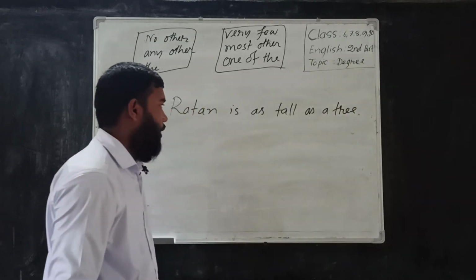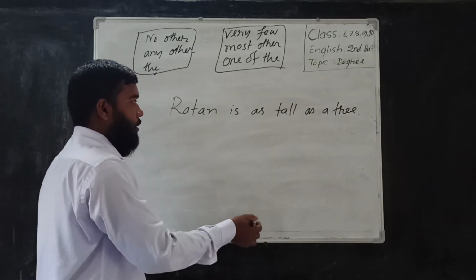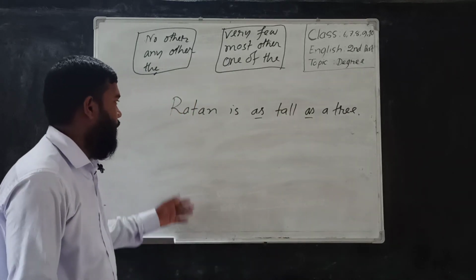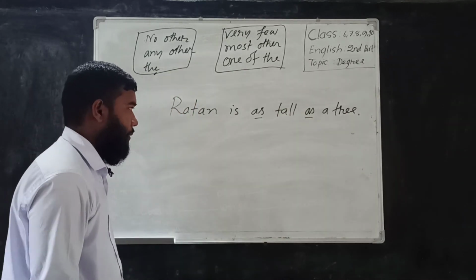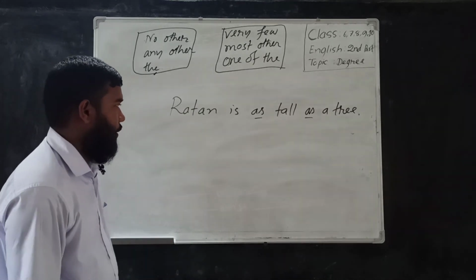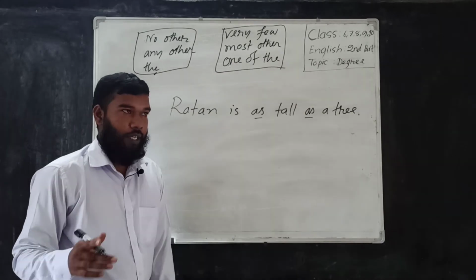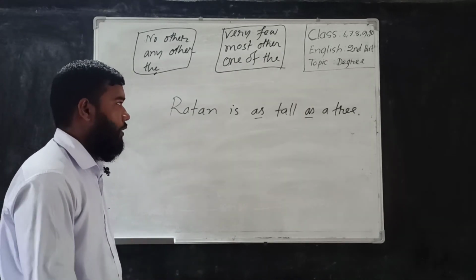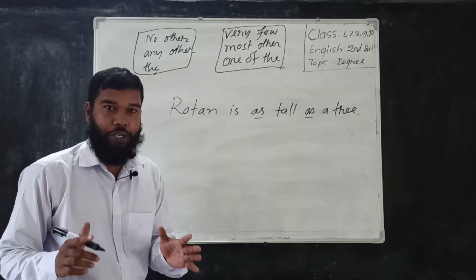As tall as a tree. It is the rule only as or as. It's positive. There is no other or very few. That's why it's the number 4th rule of degree.